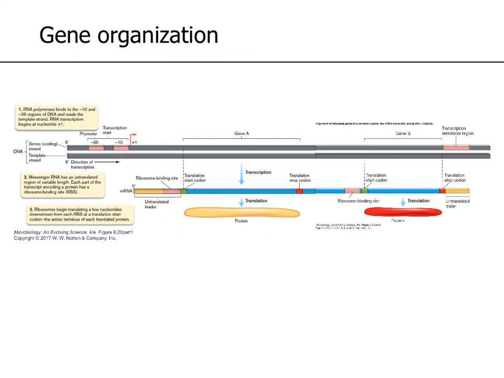But here's the stop codon. The picture is making it as the length; that's not really how it's going to look, but this shows you where it's starting and stopping. Since this has two genes, there's another start codon here, and you translate this protein, which is smaller. There's another stop codon, so there are two stop codons, one for each. Okay? And the ribosome binding site is the Shine-Dalgarno sequence? Yep, same thing.